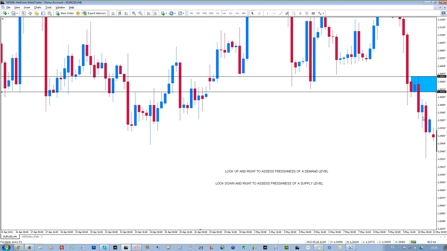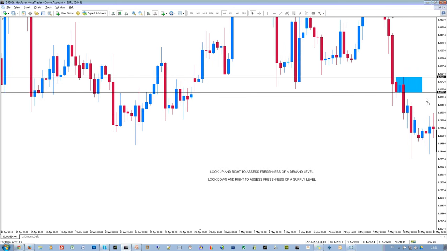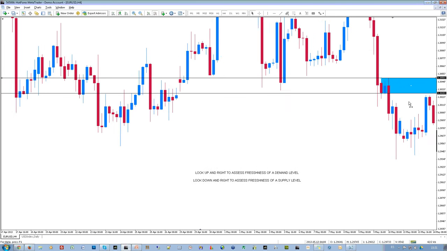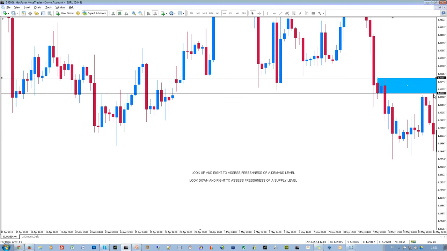Is this level fresh or not? This is a drop, a base, and a drop. For a supply level, we look down and to the right, and we see that the level is fresh, has not been retested. We continue like this, and then here the level is retested.